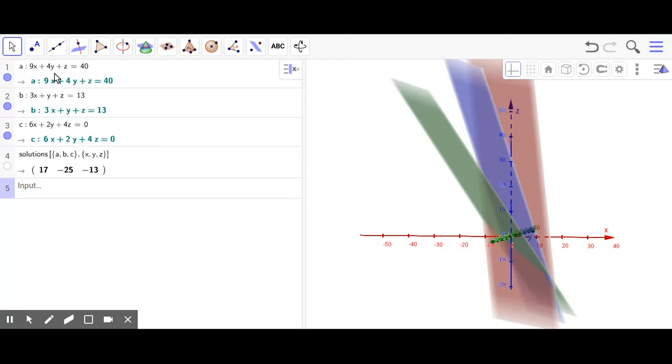So I'm going to say, using the GeoGebra solver, there is a unique solution to the equation. So that means there's just one solution, and the solution is at 17, negative 25, negative 13.